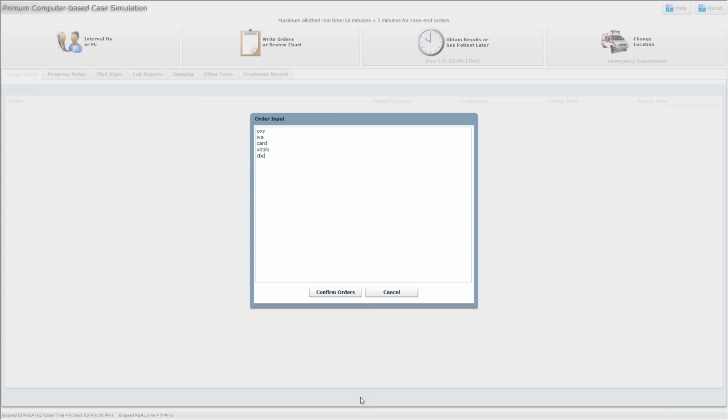And then you put in routine blood tests. You don't have to wait for those: CBC, CMP, urinalysis, things that people do in the ER. The EKG is getting more specific. So stabilizing orders, routine orders, specific orders. Specific orders are an electrocardiogram and chest X-ray, because chest pain.